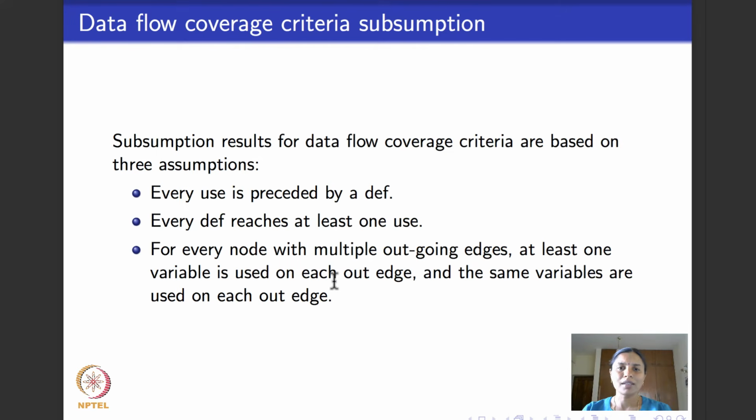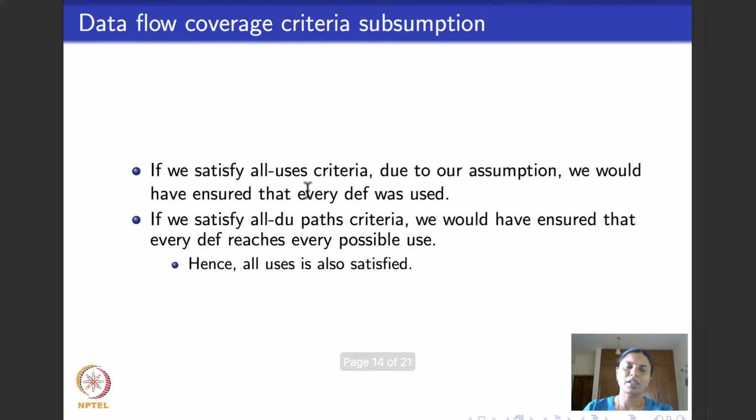The third assumption says that when I have a node in the graph which has branches or multiple outgoing edges, at least one variable should be used on each of the out edges, and we assume that the same variables are used on each out edge. What it says is that even if different variables are used, you consider the set by considering the union of all the variables. So under these assumptions, we are ready to look at data flow coverage criteria subsumption.